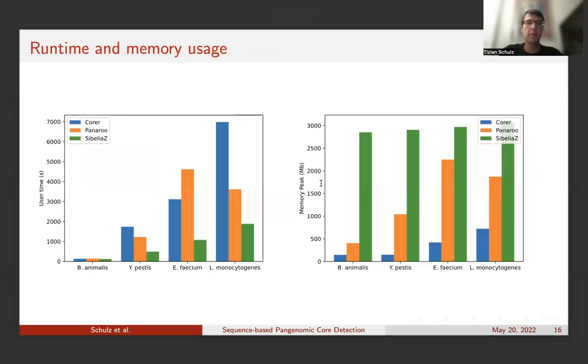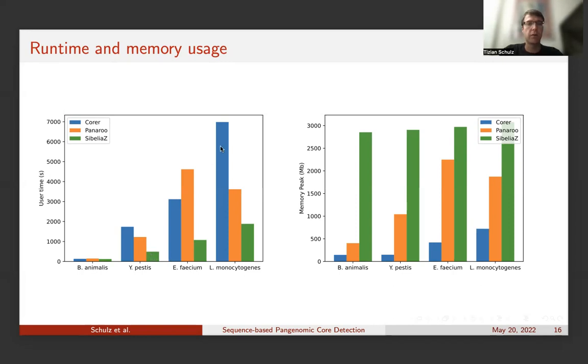If we look at runtime and memory usage, we see that SibeliaZ actually does a good job. Well, in terms of runtime, it does a good job. Here, Cora is much larger. However, one has to say that Cora is using a much smaller k-mer size than, for example, SibeliaZ in this case, in order to have a better sensitivity.